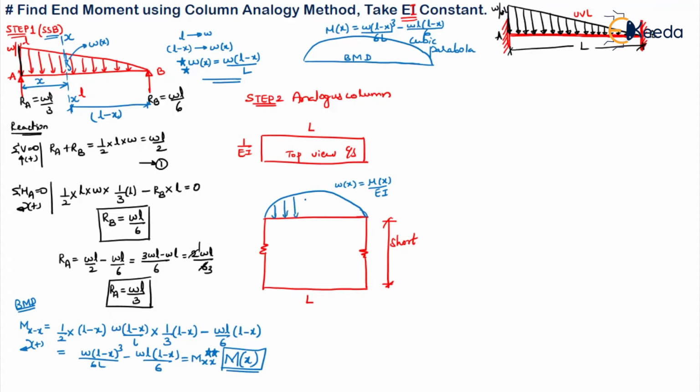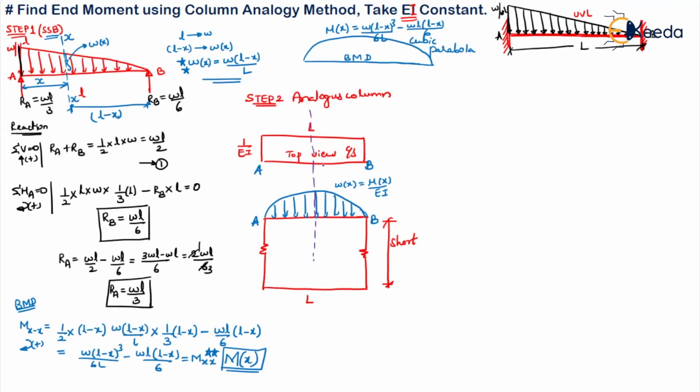So this you have superimposed now. Once you've done the superimposition, let us call this end A, this is your end B. Here also this is your end A, this is your end B. Now where will the column CG lie? Here this is a rectangular section, no change in this. So the CG will lie exactly at the center only.